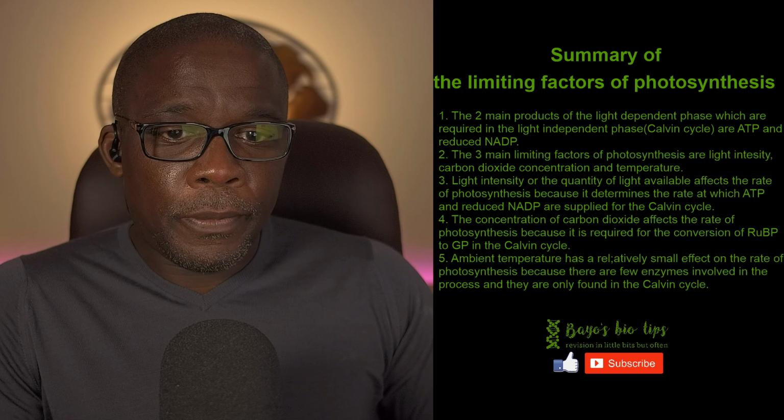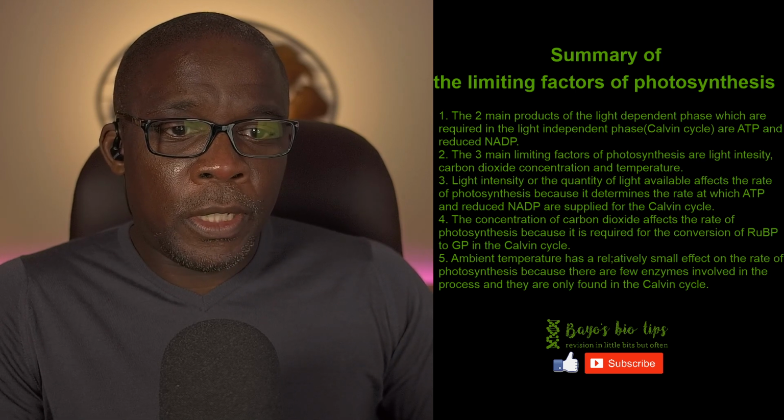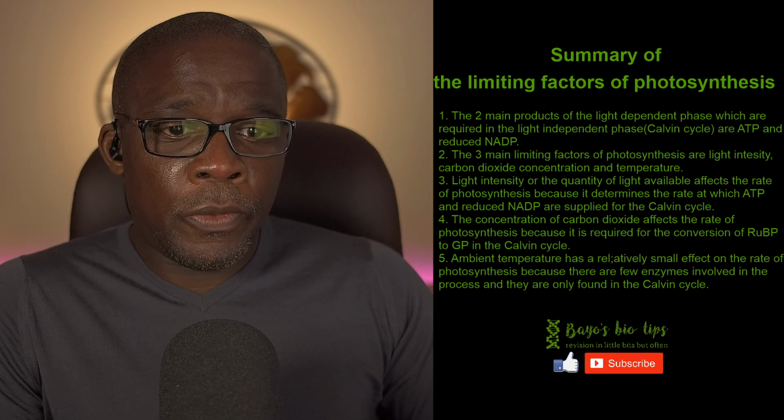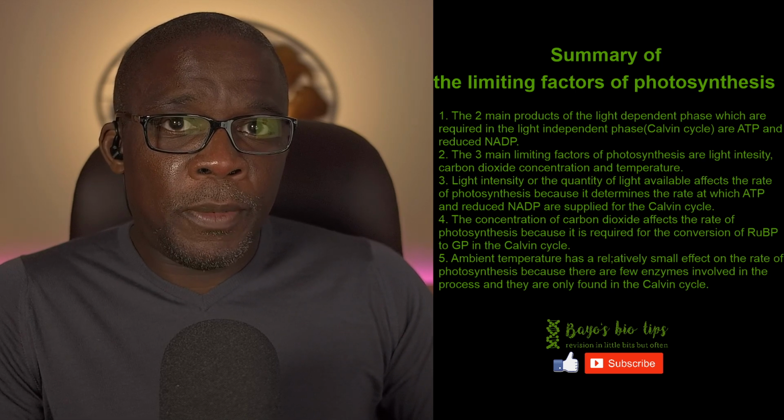Number 1, we talked about how light intensity affects the rate of photosynthesis because it determines the amount of ATP and reduced NADP available for the Calvin cycle.